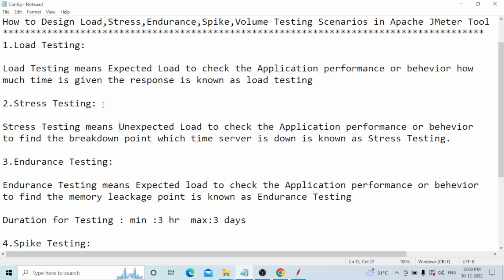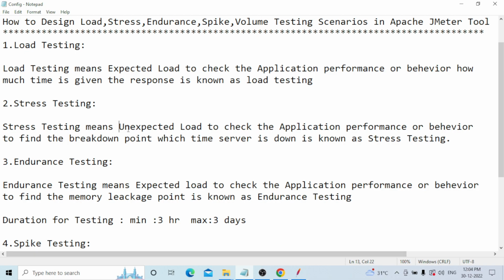In that type of situation, is the server able to respond or not? At how much user load does it stop responding? Otherwise it hangs, or it breaks down directly, and sometimes it even crashes, right? In the same type of situation, at how much user load this will happen is our objective.